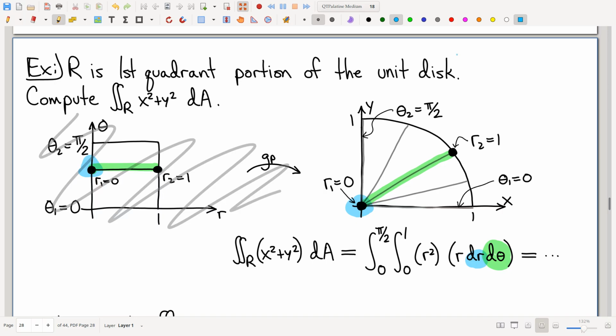So r equals 0 is my lower bound. We're going to be done when r is at that point, which is on that curve, which has that equation, r equals 1.